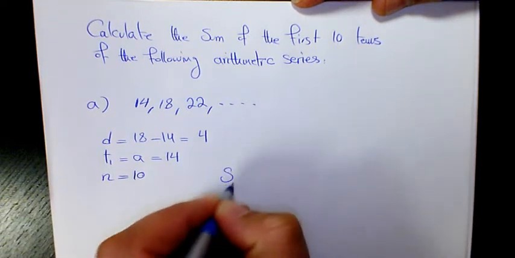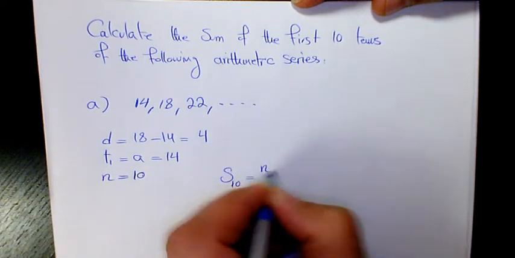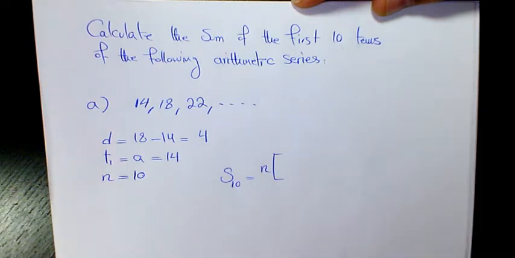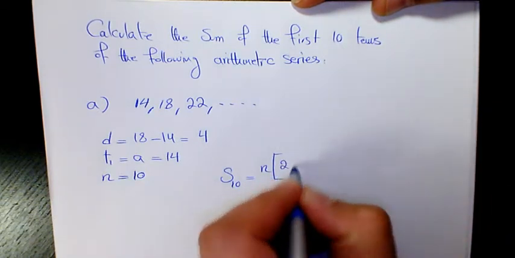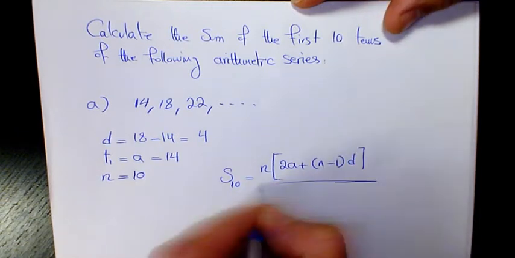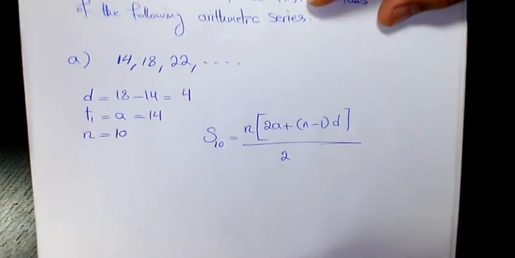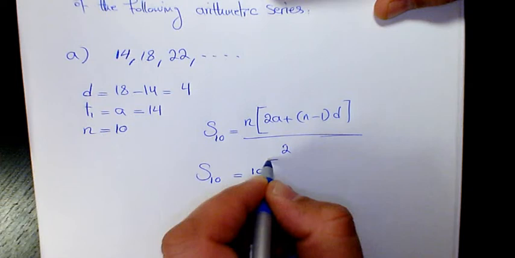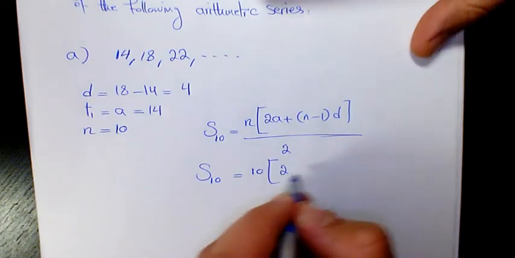So S10 is going to be n times... we don't know the 10th term, so we have to use the first equation, (2a plus (n minus 1) times d) divided by 2. Or we can use the general term to find out the 10th term. It's totally up to you. I use the first formula.